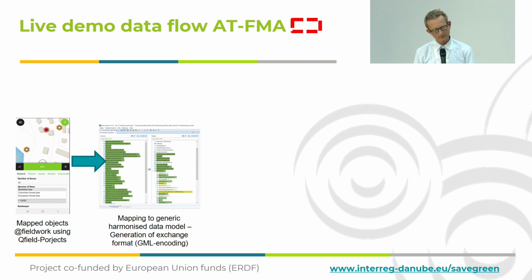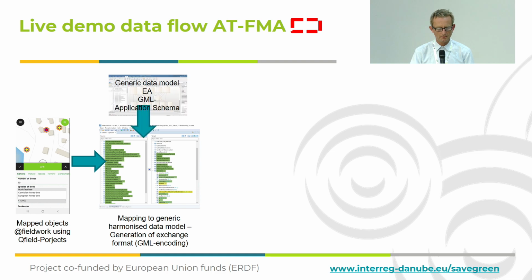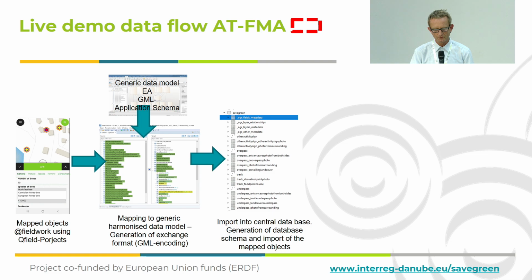We get these field objects back, stored in the SaveGREEN data store, and then I do the transformation in Hale Studio, generate the so-called GML file, which can then be directly imported in the PostGIS database, and can also be directly exported with one line.